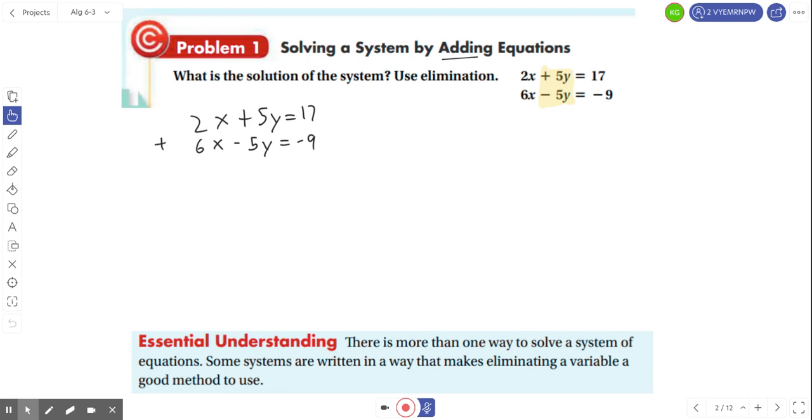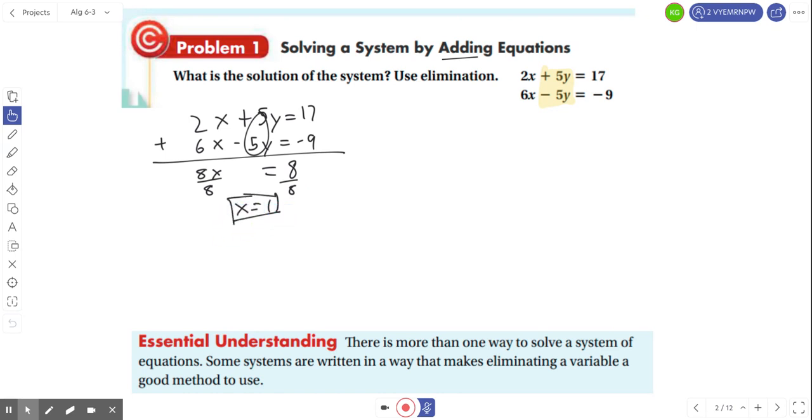So we're adding everything. 2 plus 6 is 8x. These y's go away, there's 0. And 17 plus -9 is what? 8. Cool. And then I divide by 8, and I figure out that x equals 1.